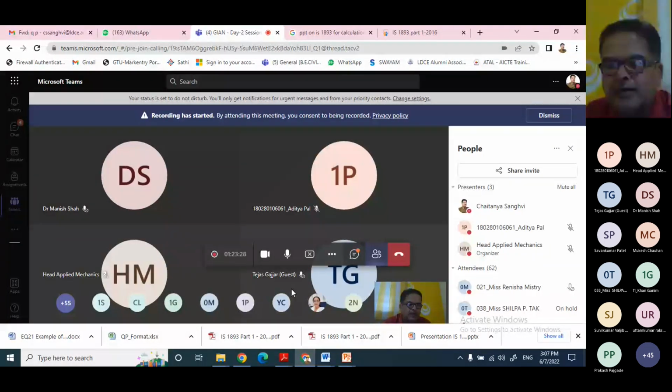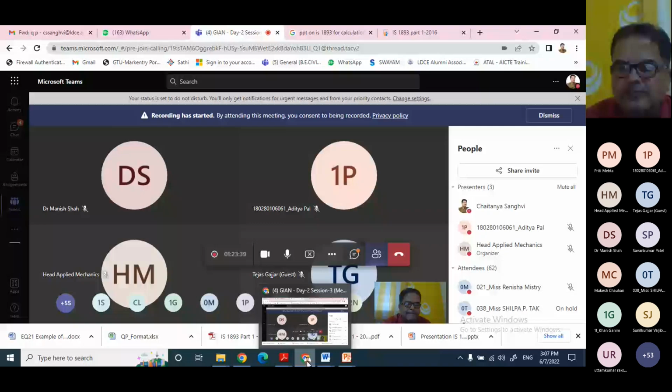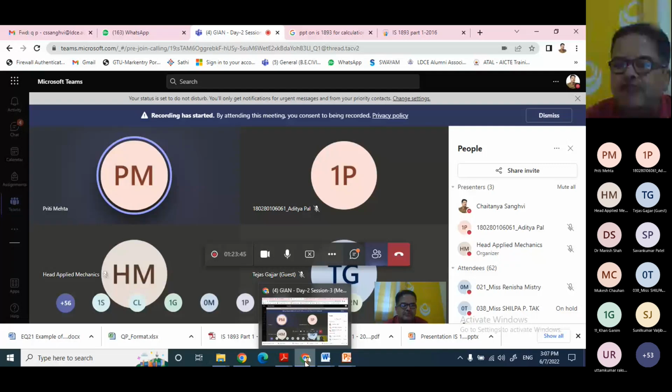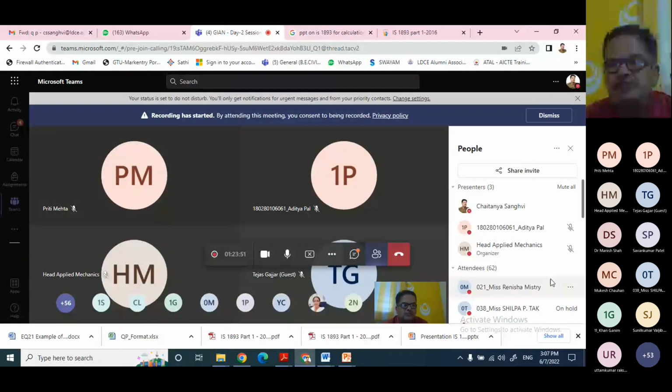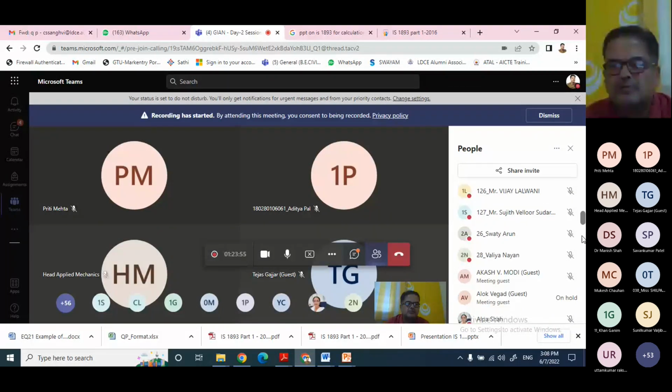Can you answer this? Why are we not taking full live load or full imposed load?